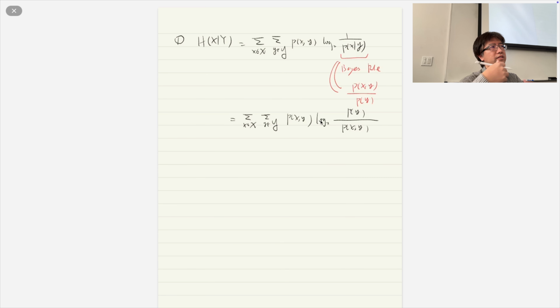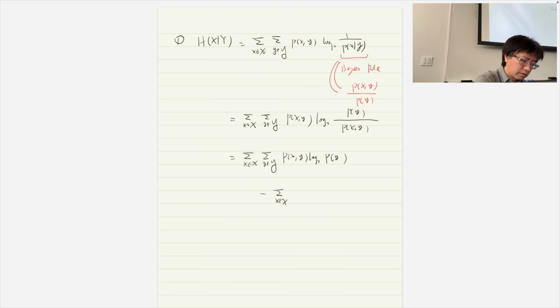Because of the log, we can separate those. So now we have p(x,y) log p(y), and then minus p(x,y) log2 p(x,y).